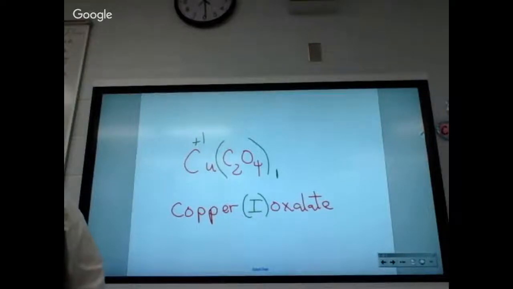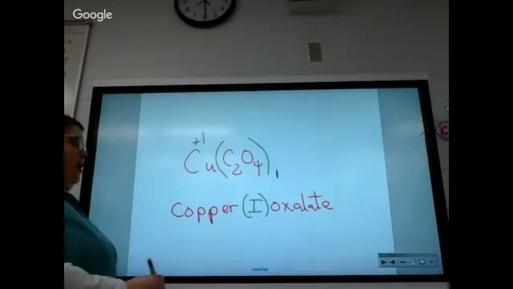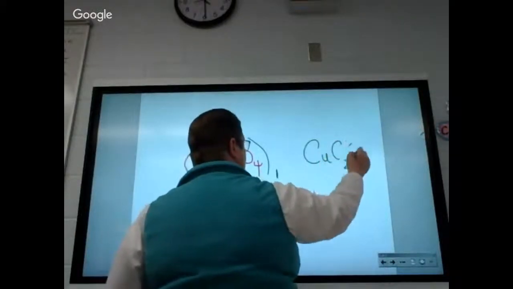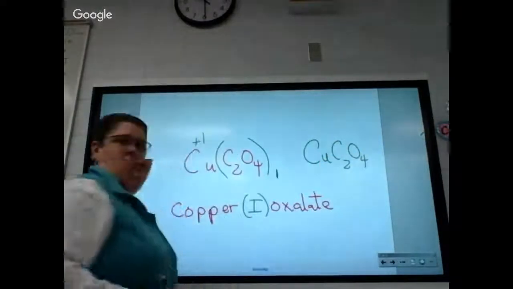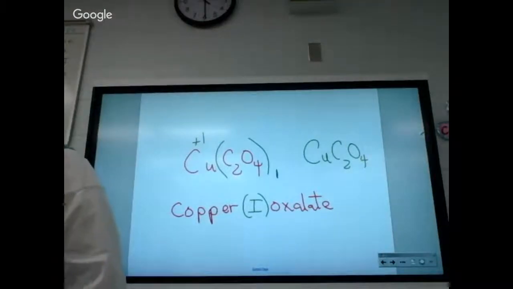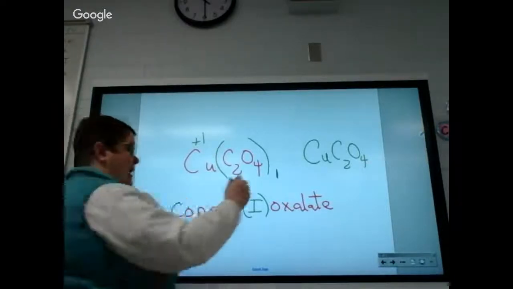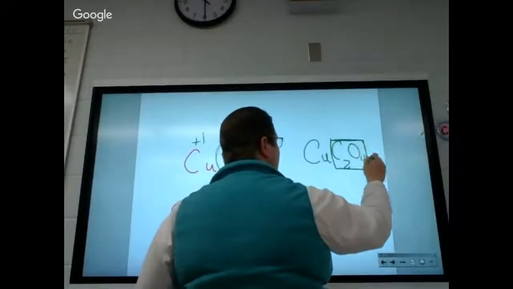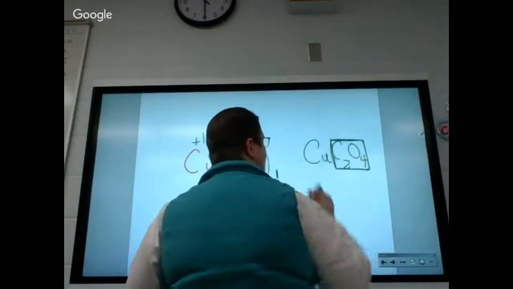No, we're not. So I wrote it as Cu C2O4. Now, look up oxalate on your blue sheet. That 4 is part of the ion. As long as that 4 belongs to the ion, it is not part of the oxidation number.